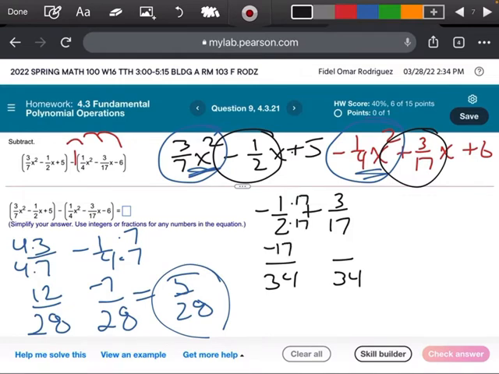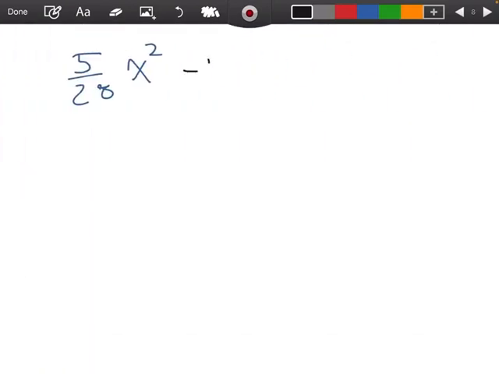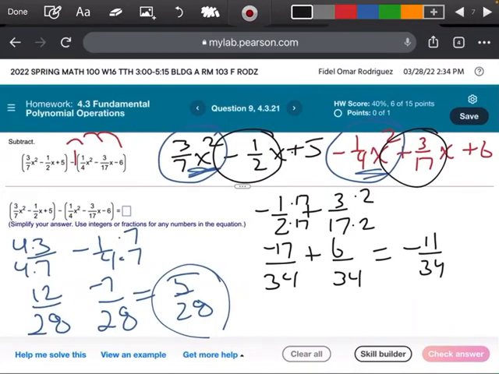So -17 plus 6 is -11 over 34, and that's the number in front of my x. And finally, the last 2 numbers I need to combine are the plus 5 and the plus 6. That's just going to give me a positive 11. So here's my answer: 5 over 28 x squared minus 11 over 34 x plus 11.